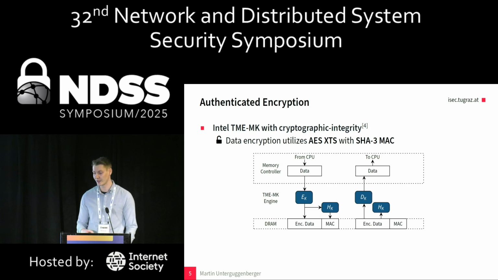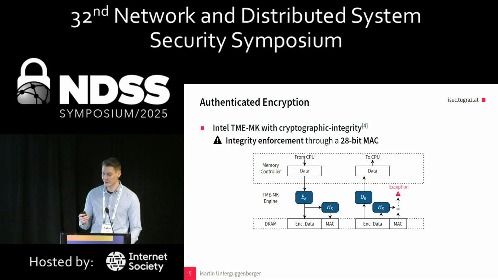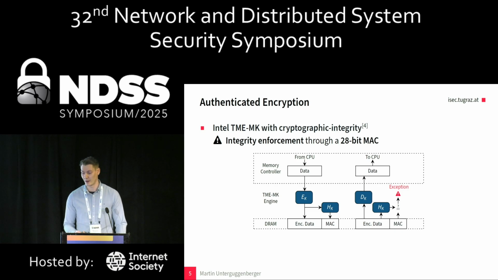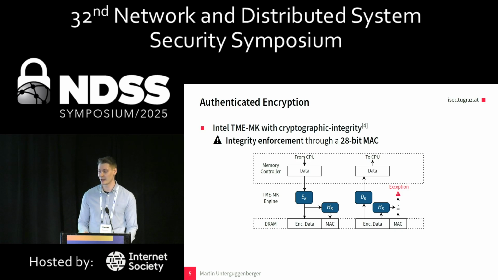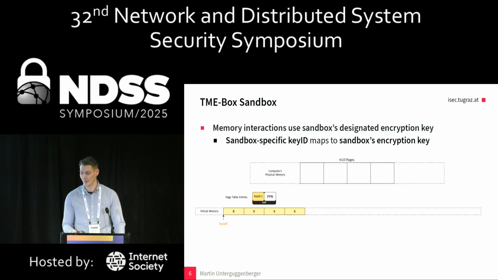When we load data from memory, we recompute this MAC and also decrypt the data. The recomputed MAC gets compared against the MAC in memory, and if they mismatch, a hardware exception is triggered and detects the violation. So this means TME-MK provides integrity enforcement through a 28-bit MAC.